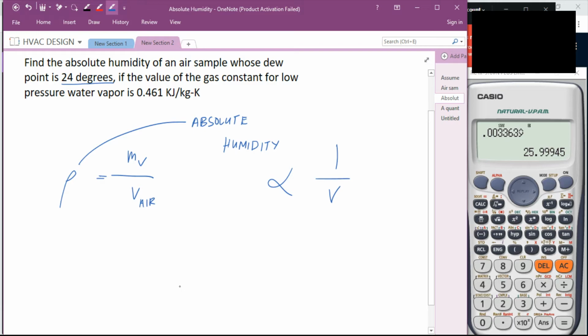Meron kang gas constant na binigay for low pressure water. Okay? And we can use yung ating PV = mRT equation. We just first have to use yung ating steam table in order for us to find the pressure at the temperature given. So, the temperature given is the dew point, 24 degrees Celsius. Now, ano po yung makukuha natin ditong value? Okay? Specific volume.